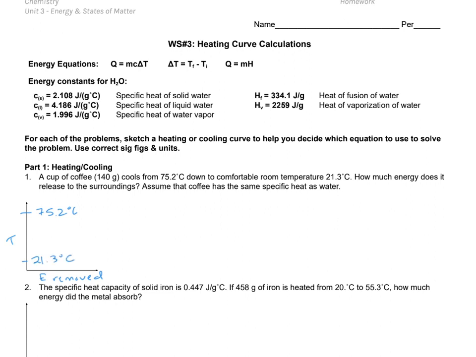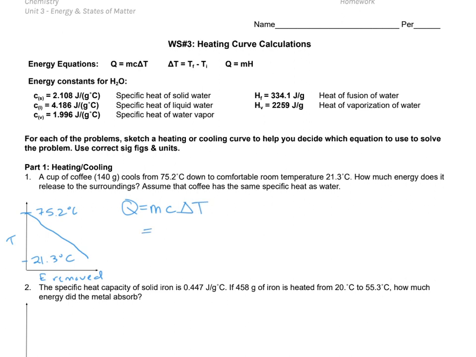And since it is cooling, the line will be going down. This is sort of the zoomed in part of our heating curve. Because the temperature is going down, there's a delta T, so we will be using our Q equals mc delta T equation.